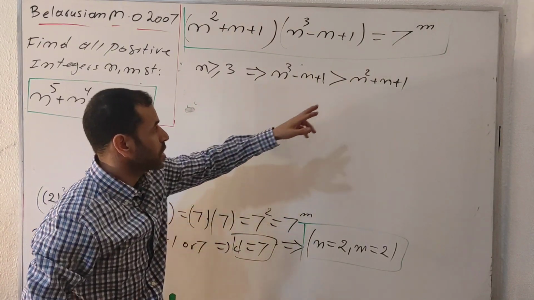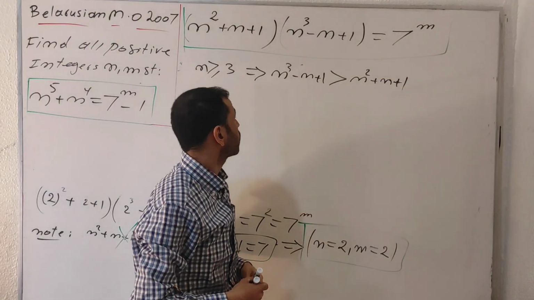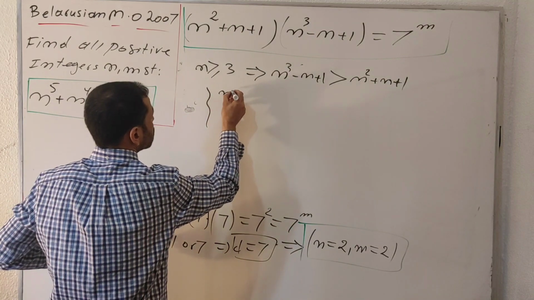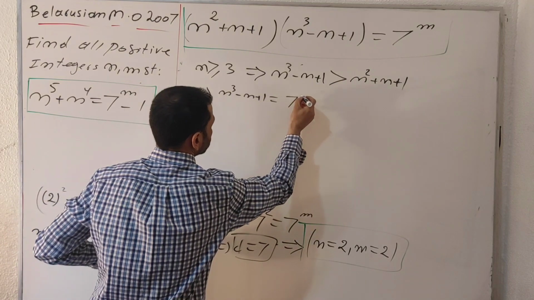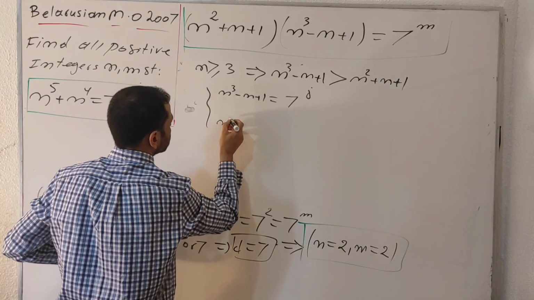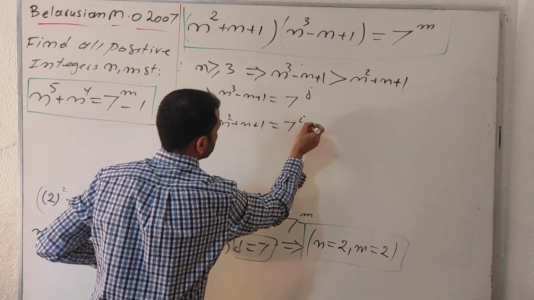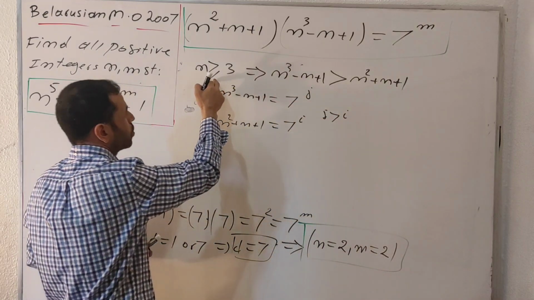Since the right hand side of this equation is a power of 7, the left hand side of this equation is a power of 7 as well. So n cubed minus n plus 1 equals 7 to the j, and n squared plus n plus 1 equals 7 to the i, where j is strictly greater than i, because n is greater than or equal to 3.